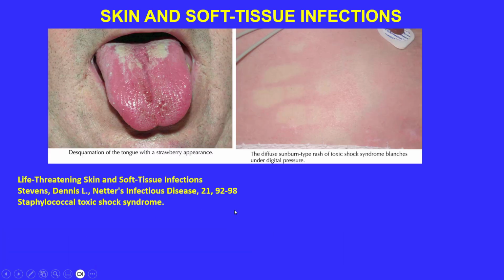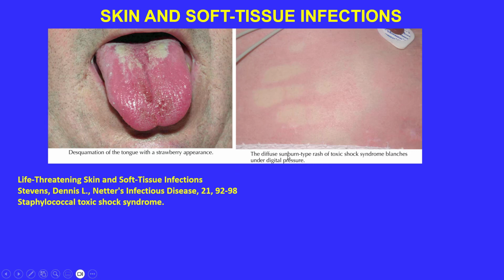Also, here you have staphylococcal toxic shock syndrome, but some of the other, we'll say, clinical symptoms or signs. Here you have the desquamation of the tongue with a strawberry appearance. In other words, the strawberry appearance, the redness, and at the same time, a lot of cells being sloughed off at the tongue.